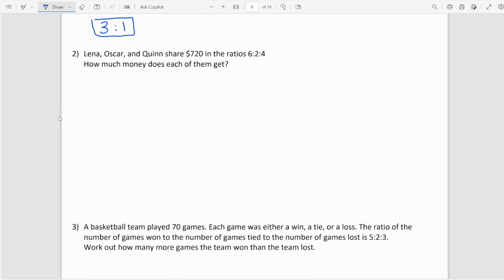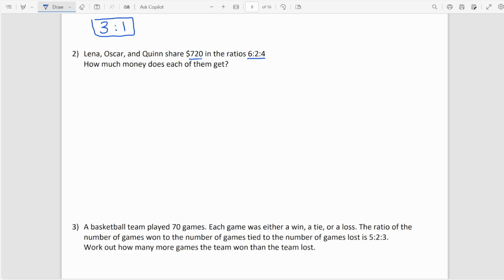All right. Lena, Oscar, and Quinn share $720 in the ratio 6 to 2 to 4. Okay, so now we're dealing with a 3-part ratio, but the process does not change. How much money does each of them get?